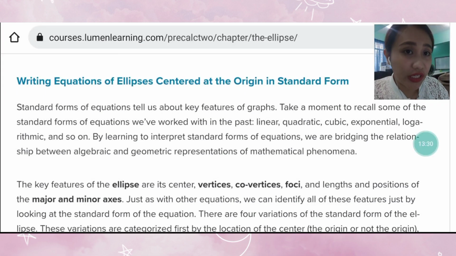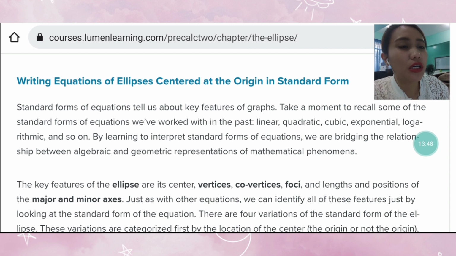We now proceed to writing equations of ellipses centered at the origin in standard form. Standard forms of equations tell us about the key features of graphs. So take a moment to recall some of the standard forms of equations we've worked with in the past.